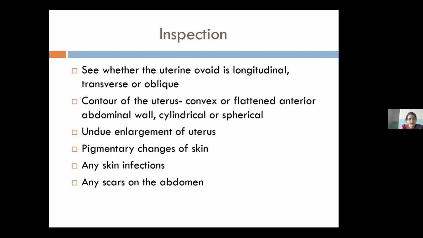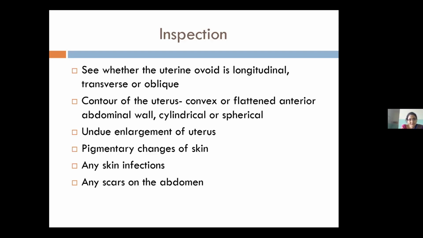You have to see whether there is any undue enlargement of the uterus. First, you will ask the patient the history, the last menstrual period, and you will calculate the gestational age and also the expected date of delivery.